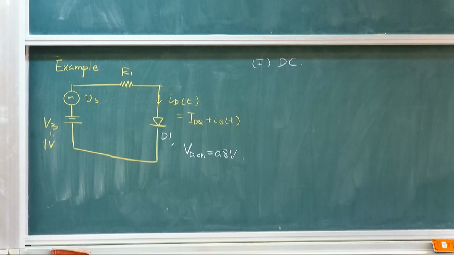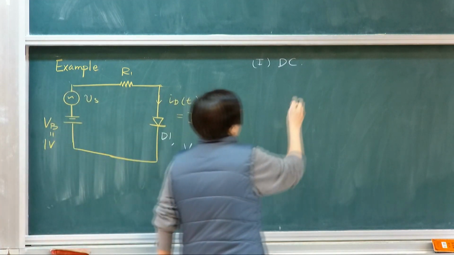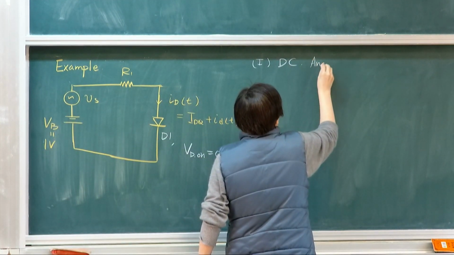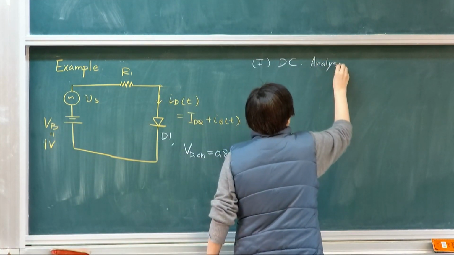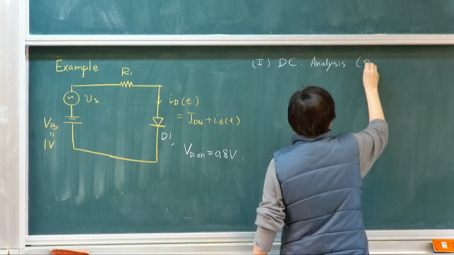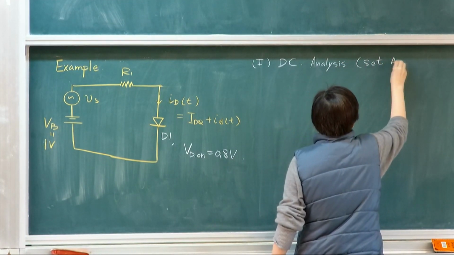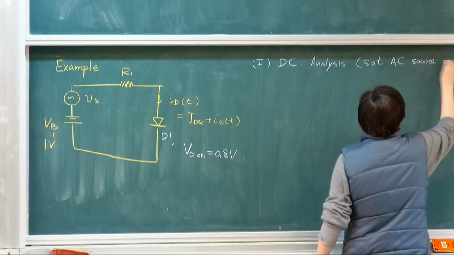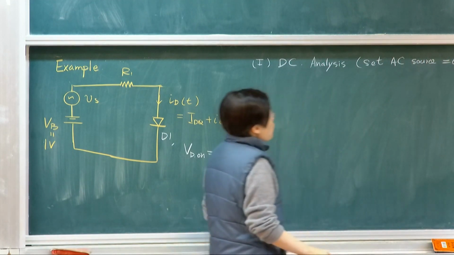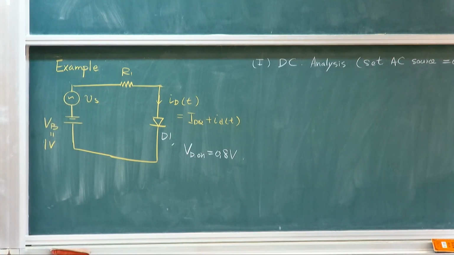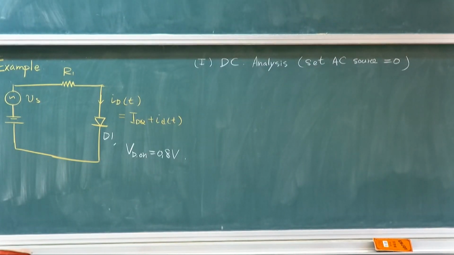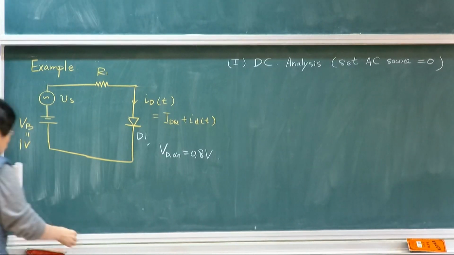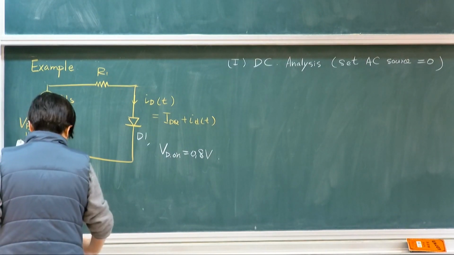Okay? So you start with the DC. You only get the DC part. In DC analysis, we set the AC sources to 0. Whether it's a current source or voltage source, you set it to 0. You only respond to DC signals.